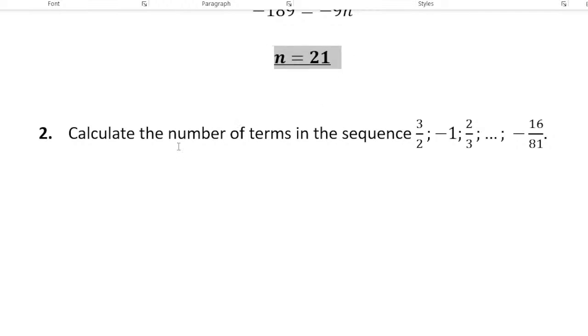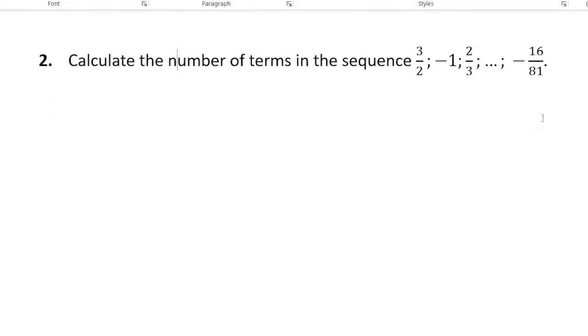All right. So now try and calculate number 2. Number 2 says calculate the number of terms in the sequence. You are not told whether this sequence is arithmetic or geometric.